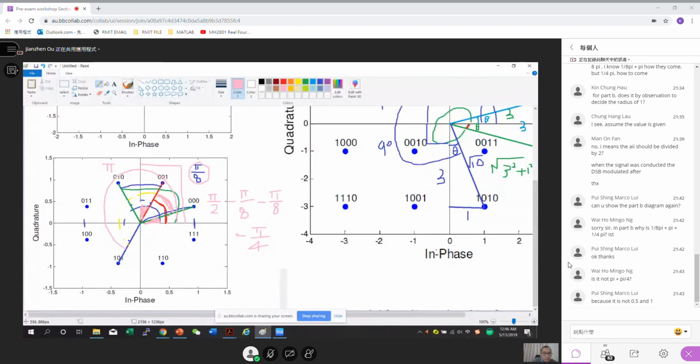So eventually, we just need to calculate this angle plus this angle, and plus the angle here. This angle here is pi over 8, which is this one, and this one is pi over 4.